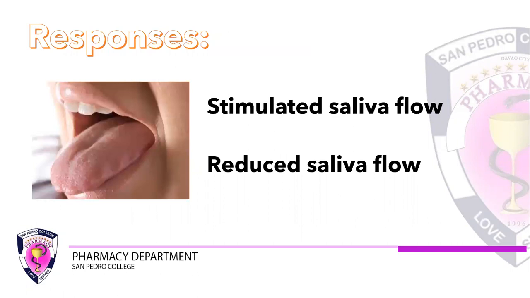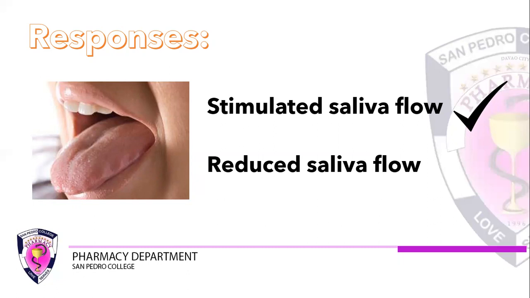So first, for a better picture of the possible responses, let's start with your saliva flow. Can you predict what happens to the saliva flow when the parasympathetic division is activated? If your answer is stimulated saliva flow, then your answer is correct. So tandaan lang ninyo, rest and digest.